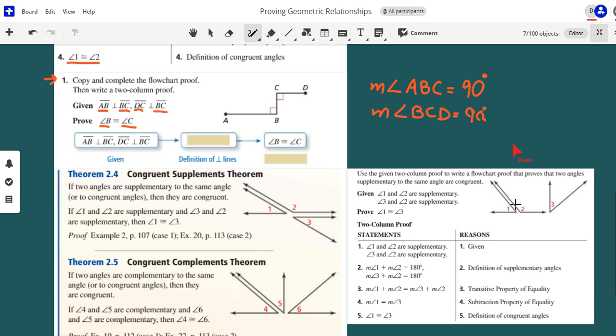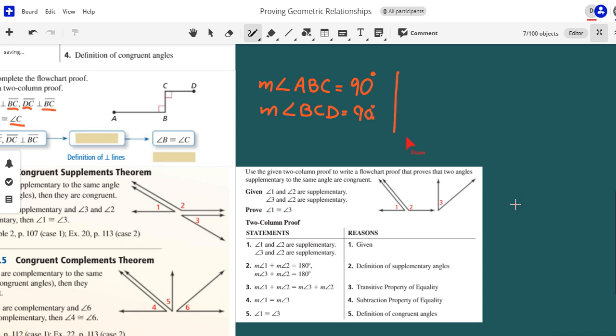If both are equal, I can write from this that the measure of angle ABC equals the measure of angle BCD. That means angle ABC is congruent to angle BCD.